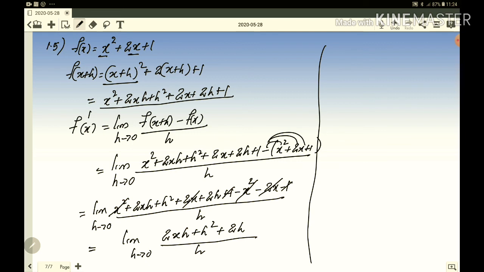Now we can see that in the numerator h is common, right? We can take h outside, then that h and the denominator h will be cancelled.